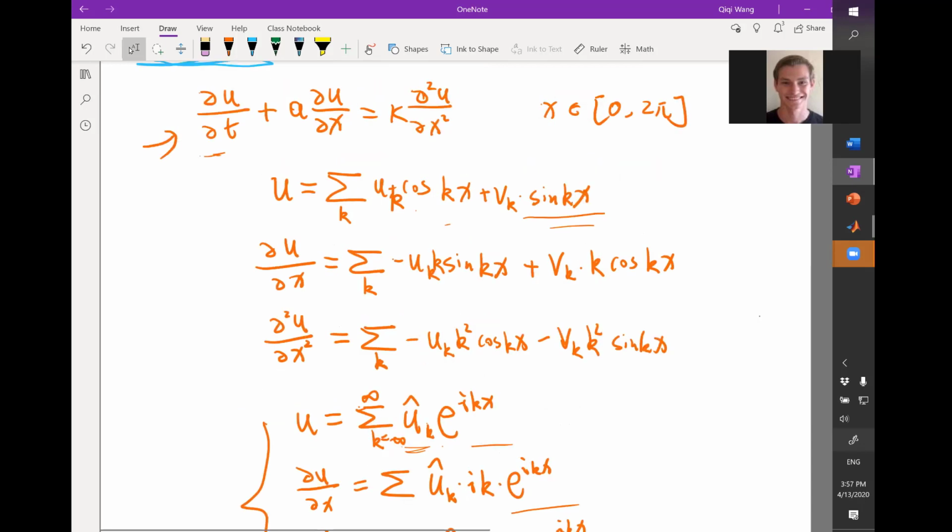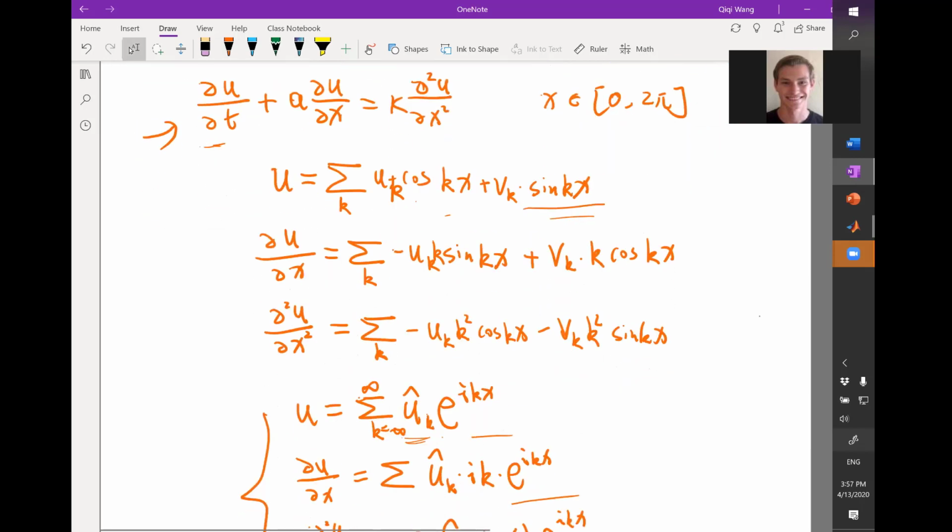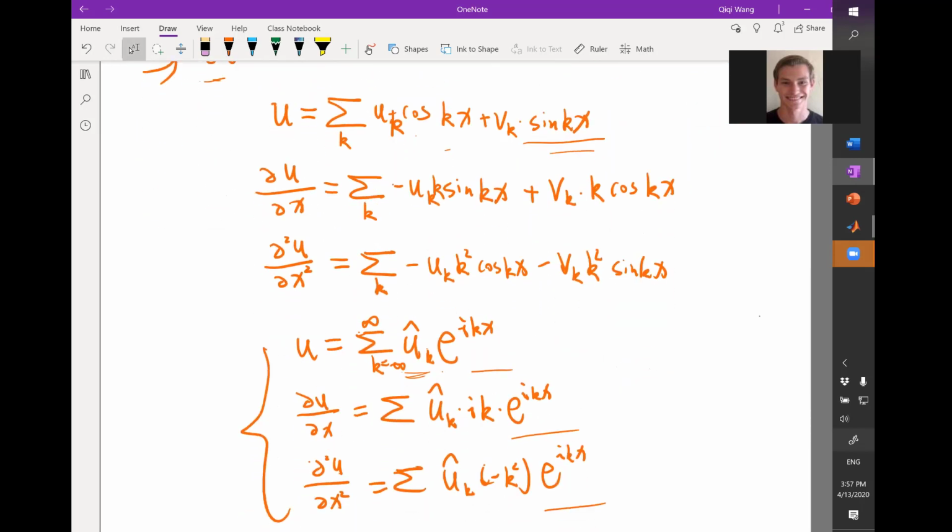And it turns out, if we have a uniform grid spacing, actually all the discretization schemes we can think of, finite difference, finite volume, and finite element, have the same properties. If we apply this kind of sinusoidal functions to these numerical schemes, again, we come out with these sinusoidal functions.